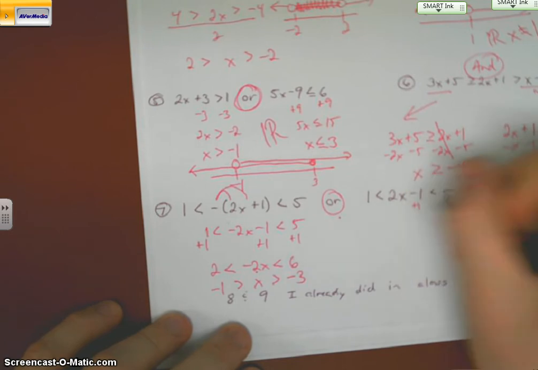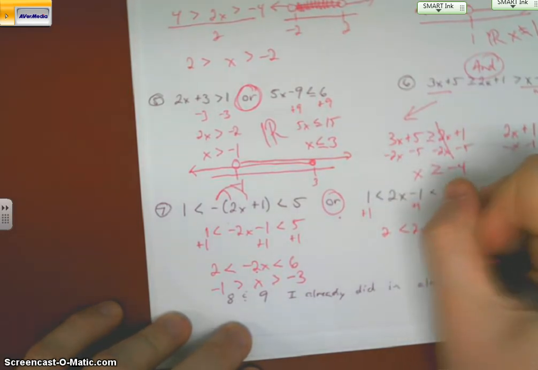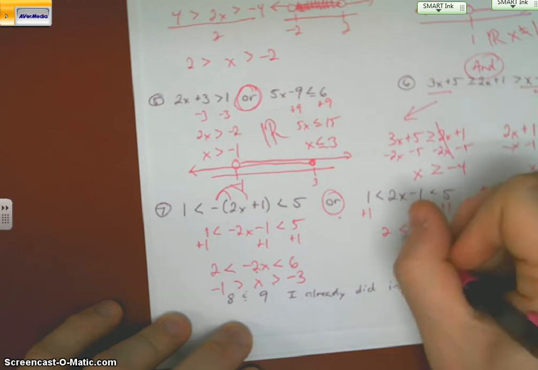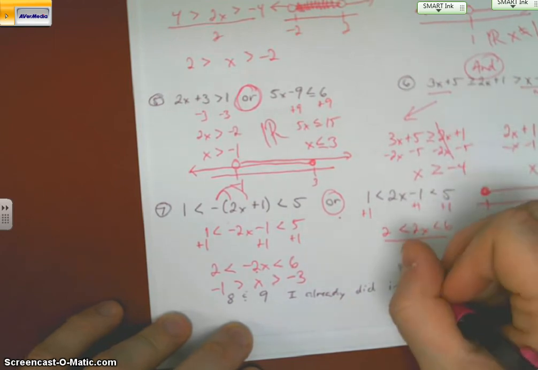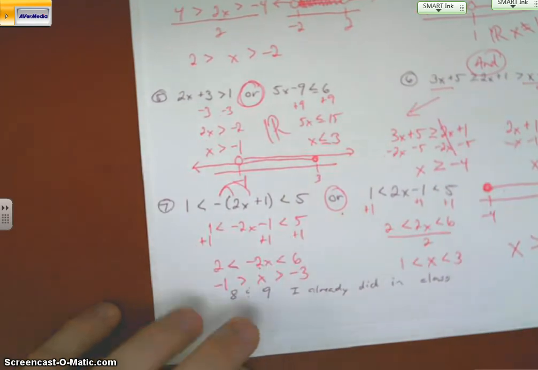Here I'm going to add 1. So 2 is less than 2x less than 6. Divide by 2. This time I'm not going to flip the inequality because it's a positive number.